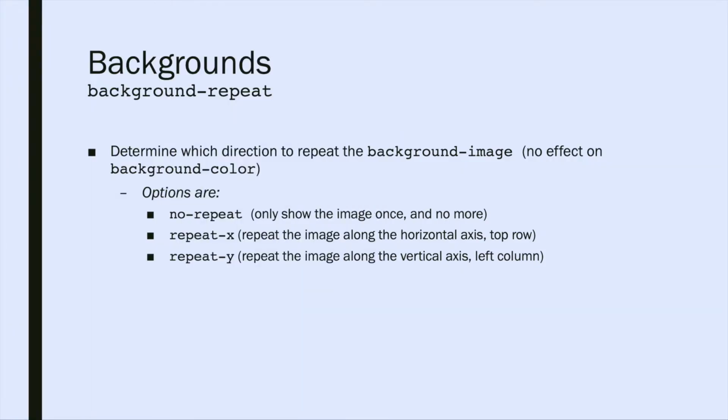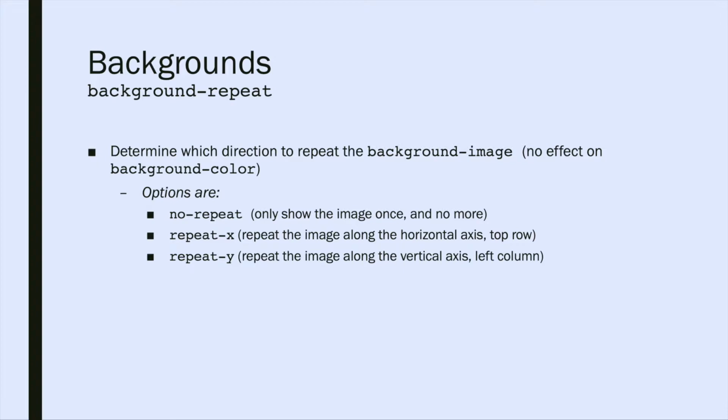As far as getting an image to repeat, you can actually set how and what you want to repeat. Some of the options for the background repeat property, again, this has no effect on the background color, just the background image, are no repeat, as in it only shows the image once and then stops. You can do repeat X, which means that it's going to repeat the image along the horizontal axis, most likely meaning the top row.